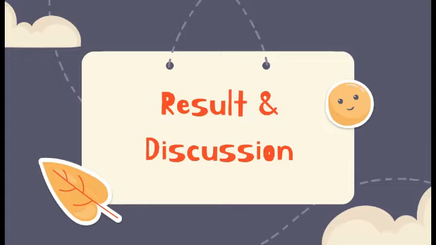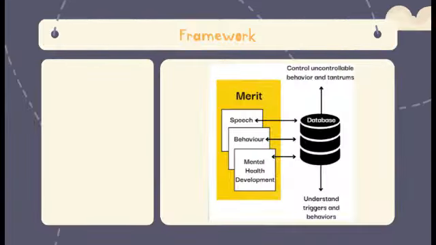Before I proceed with the project demonstration, I would like to explain the framework of the method. The method that I use is merit-based point, and there are 3 categories that I have split. The first one is speech, second is behavior, and the third one is health development.